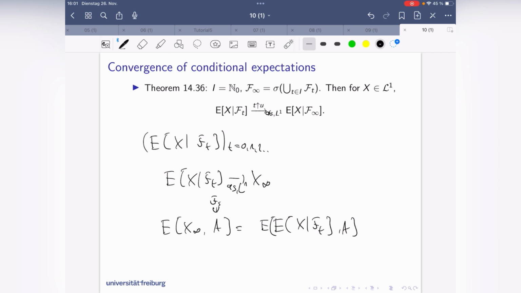So I can say that's the limit of this thing here over this set here. By definition, since Fs is a subset of Ft for t large, that must be the same as the expectation of x on the set A.